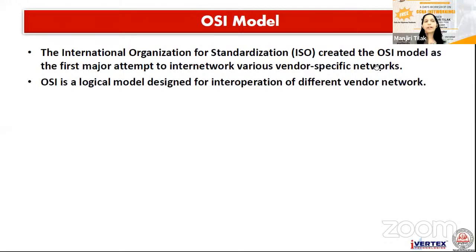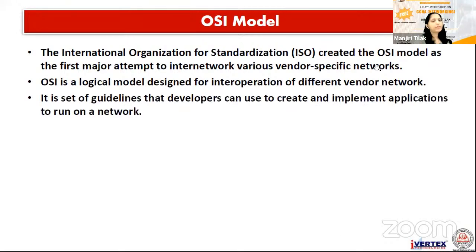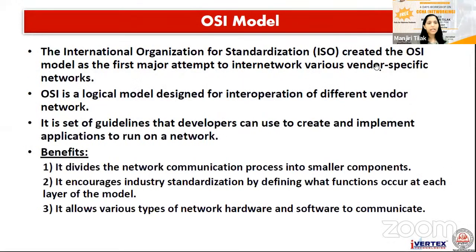So what OSI defined or what OSI has given? See, OSI has given a set of guidelines that developers can use to create and implement applications to run on a network. So all the applications must be open standard or industry standard, not vendor specific. Okay, that is the thing achieved by OSI reference model. Okay, now what are the benefits of this OSI reference model?